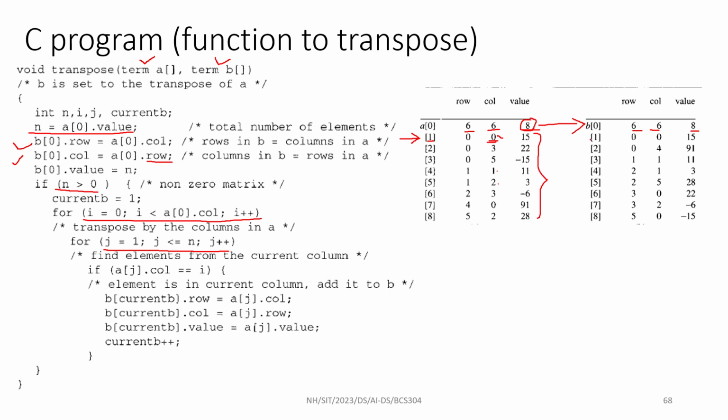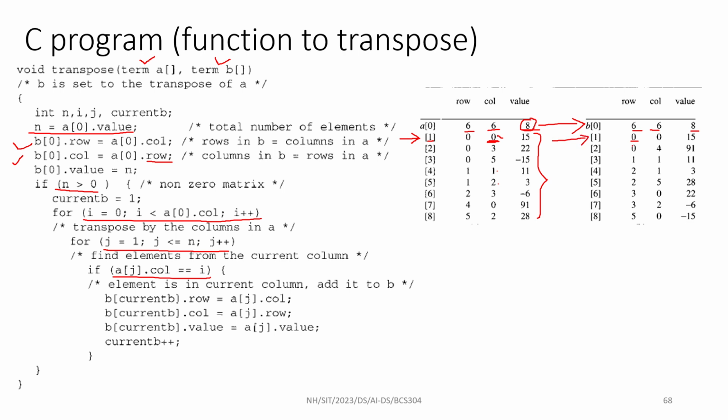This value is equal to 0 because we are going to put this value here. i value 0. So picking from that column, we are putting it here. Is any value there in that entry? Yes, it is there. The 0, 0 entry is there. So that 0 will come here.